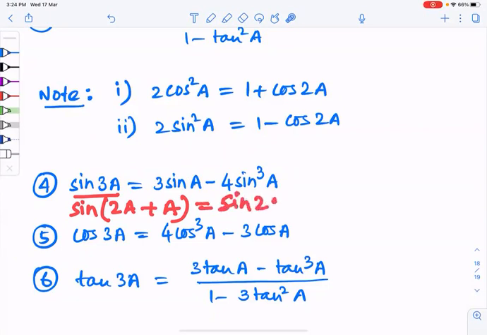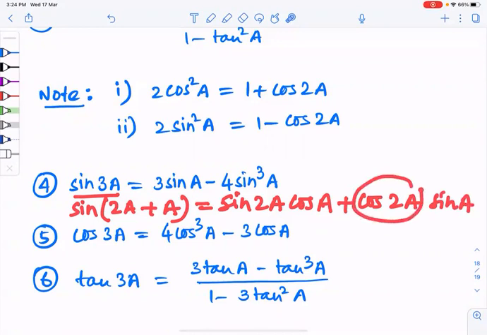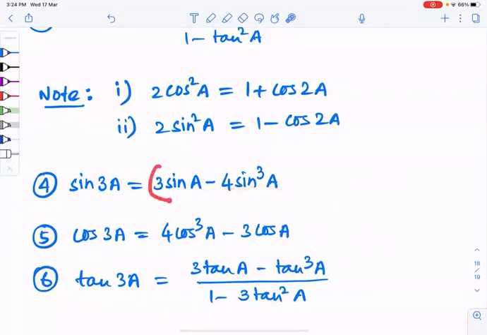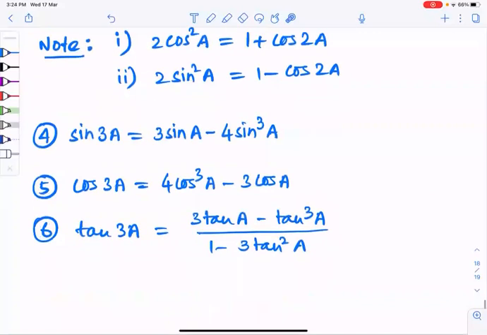It's like sine 2a cos a plus cos 2a sin a. And then for cos 2a and sin 2a, we have formulas already found. We can use them here, and finally we can get this answer.